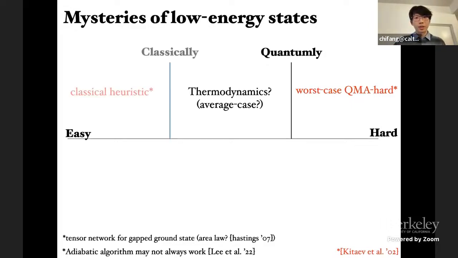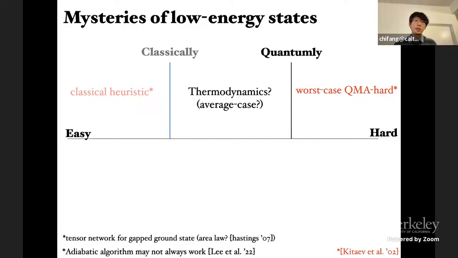There's even another angle: if you're just using classical computers, there even exist empirically very efficient heuristic classical algorithms that could sometimes solve this problem. So you now already see there's a wide landscape of what could happen in terms of low energy states.